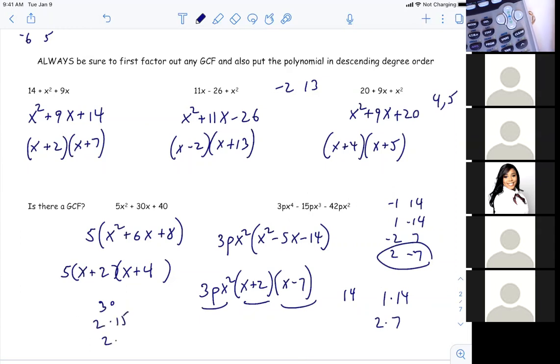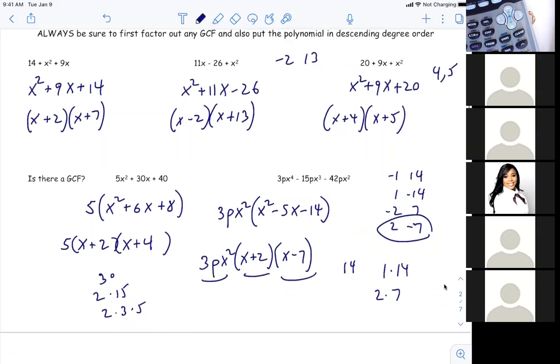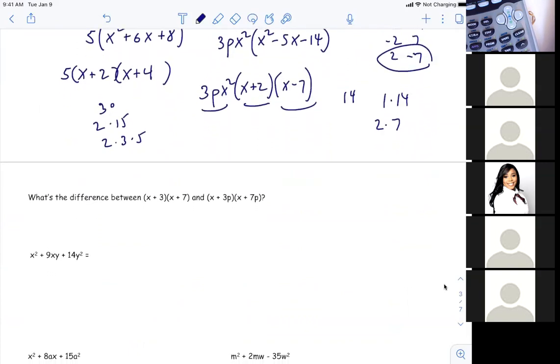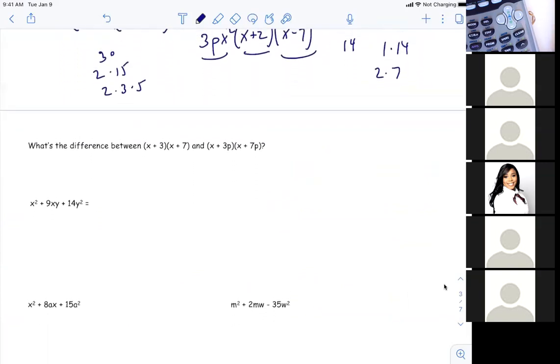You have to take the 15 and break it down into 3 times 5. It's the same principle here, except you get variable expressions, not just numbers. Does that answer the question? Yeah, thank you. You're welcome.